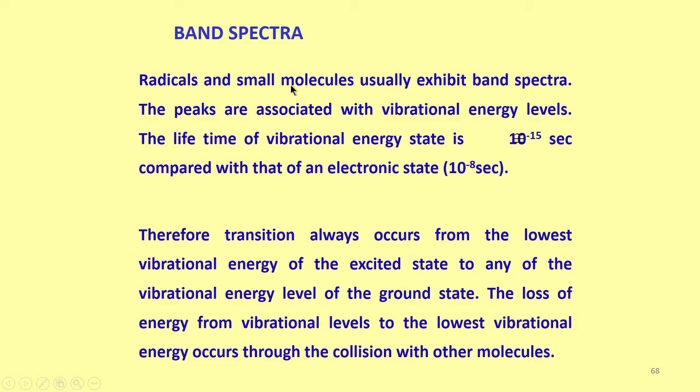Radicals and small molecules like carbon monoxide, carbon dioxide, nitrogen molecules, small molecules containing 2 or 3 atoms. You can imagine many of them, like water, which has only 3 atoms, H2O, and ammonia. So many small molecules exist, and such radicals and small molecules usually exhibit band spectra.